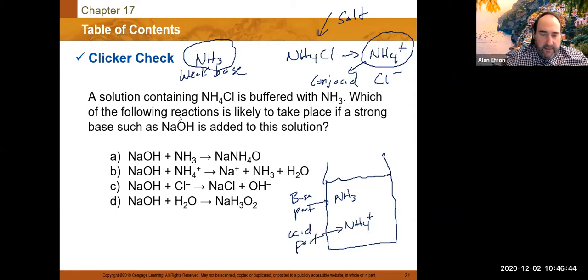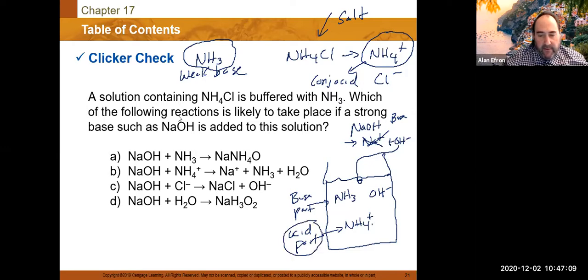So if we dump in some sodium hydroxide, which is really a source of sodium ions and hydroxide ions, in terms of pH, the sodium has no effect. So we're really talking about when we dump this in here, the hydroxide, which is a base, right? If you think about the reactions, it's an acid-base reaction, so we would expect the acid part of the buffer to react with the base that we're adding.